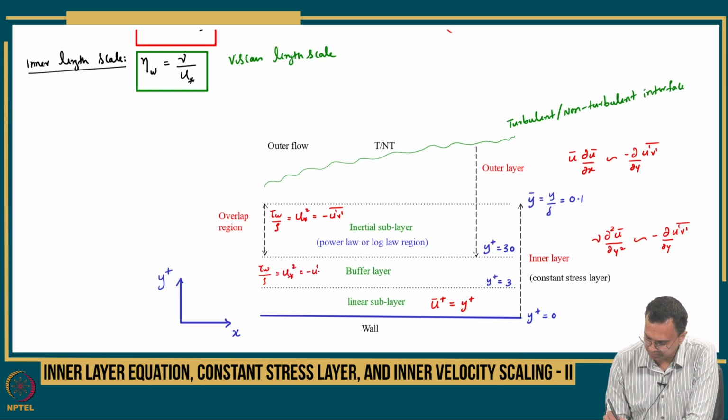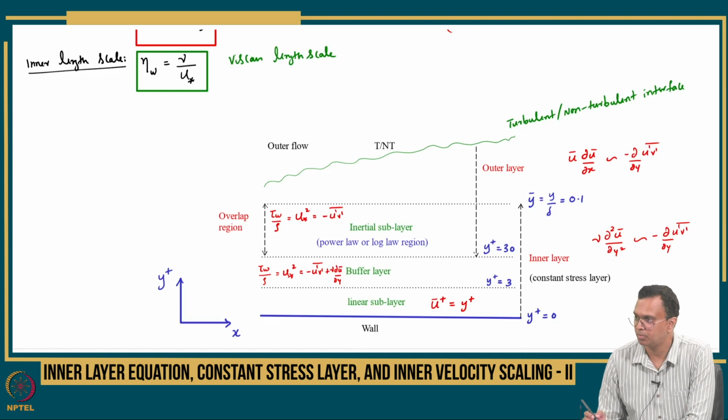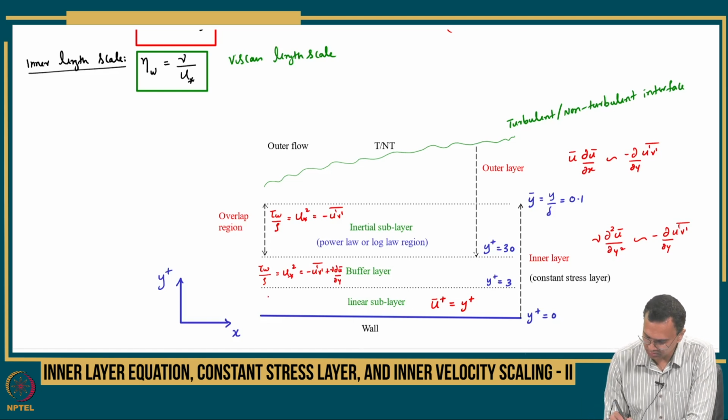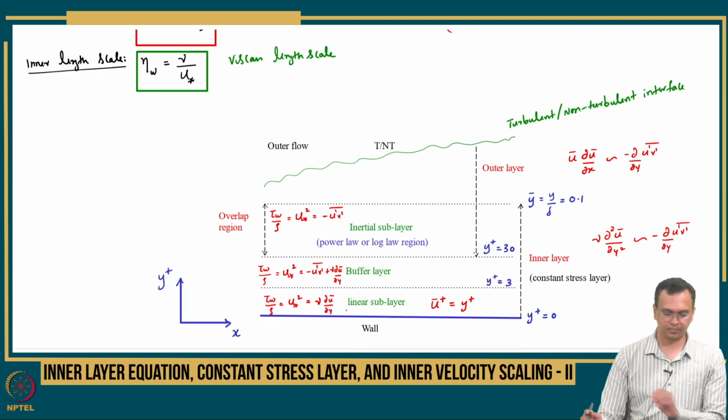It is this plus your nu du dy. Both terms are equally dominant in the buffer layer, and here of course the tau w by rho equal to u star square is nothing but your nu du dy, only the viscous term is dominant in the linear sublayer.